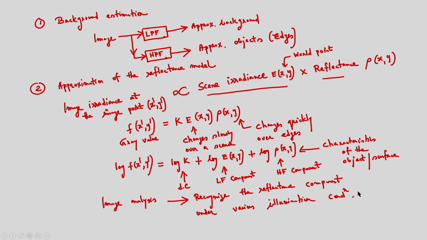So, you can see what image analysis is: image analysis means recognizing the reflectance component under different illumination conditions. So, you can see the application of filtering, because by using the low pass filter I can remove the DC component and also the E xy component, that is the irradiance, and my reflectance component is the high frequency component that I can observe.